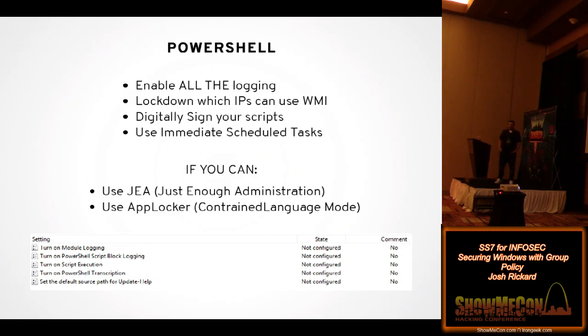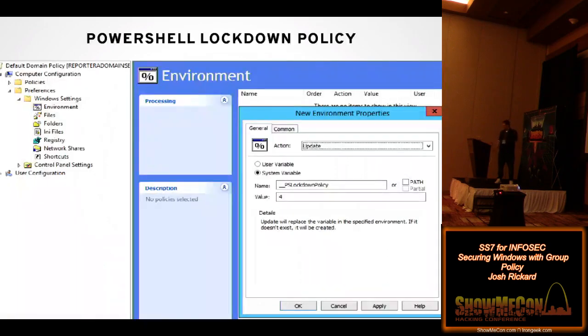And AppLocker. Anyone use AppLocker? Heard of it, right? What it's all about is constrained language mode. There are 3 different language modes for PowerShell to run. And this isn't like the English language or Chinese language, whatever it is.